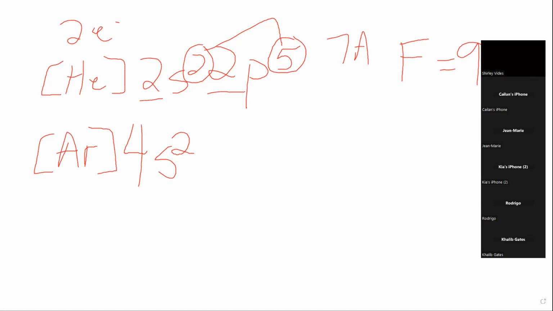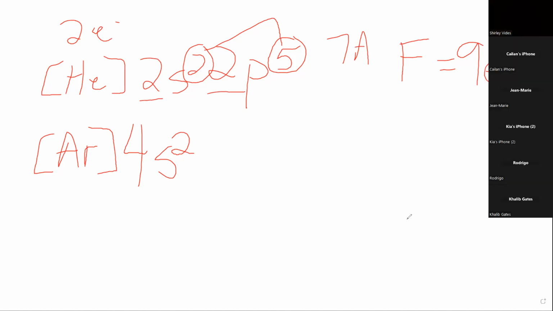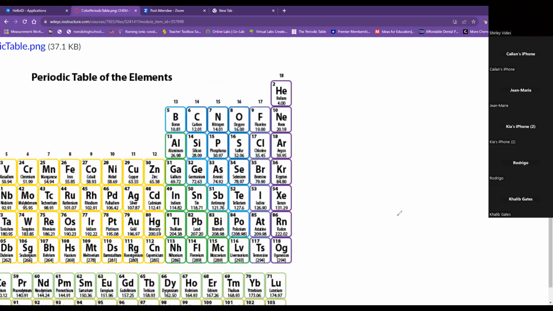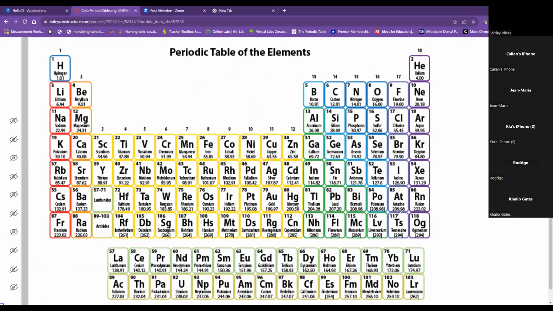Hold on, let me find my periodic table that I wanted to bring up so that I can show you. There it is. Found it. Now I'm going to share this one again. We are looking at argon, right? We said argon 4s2. We need to locate argon first, and this one right here.